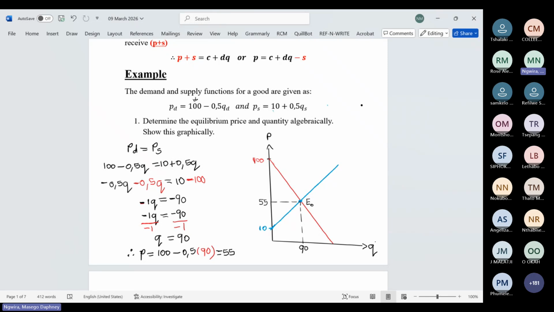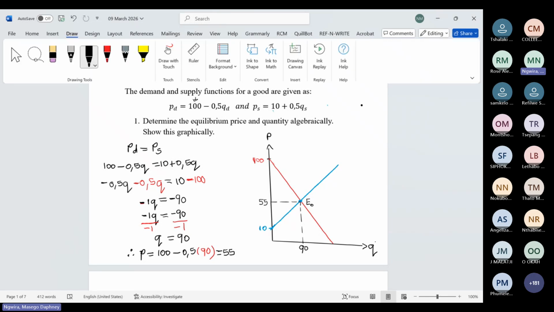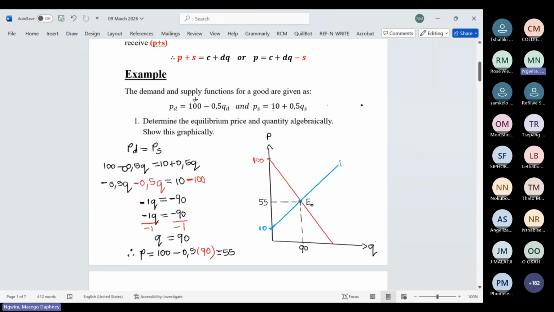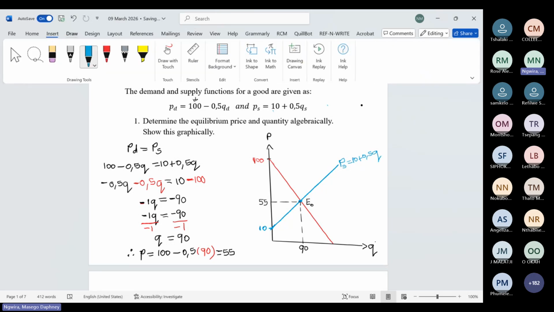Okay, let me just do it again. This is my supply function. So this is PS is equal to 10 plus 0.5Q.